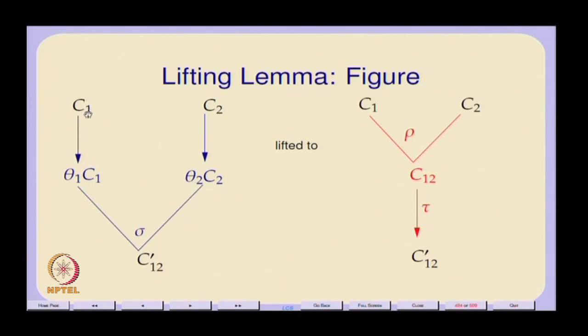On C1 I perform a substitution theta 1, on C2 I perform a substitution theta 2, and clearly the domains of these two substitutions are going to be disjoint because the variables are disjoint. So I am substituting disjoint sets of variables with disjoint sets of terms. Since the variables of C1 are distinct from the variables of C2, the terms in this substitution are also going to be disjoint from the terms in this substitution.